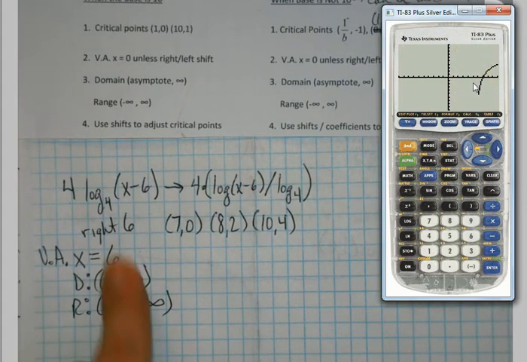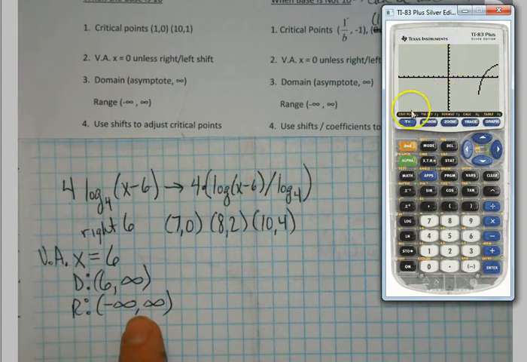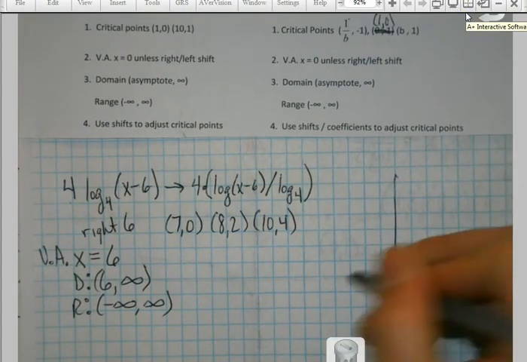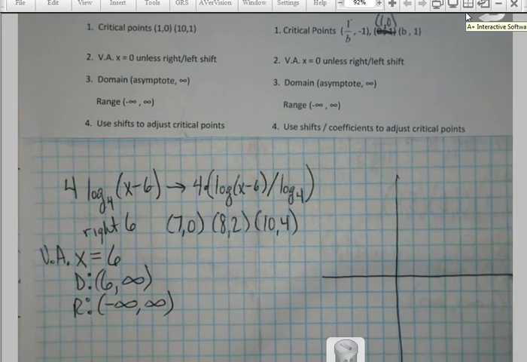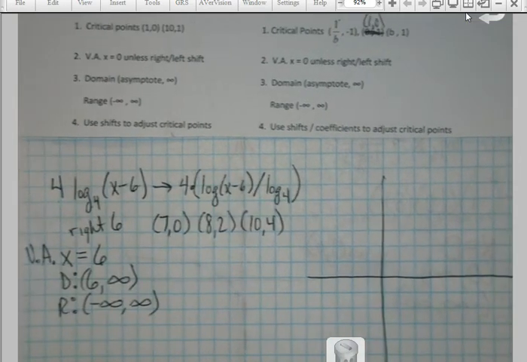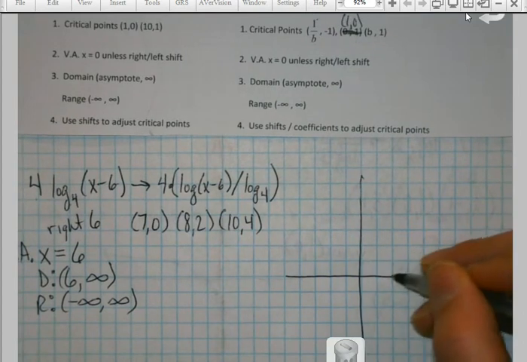So all of this information worked, and that's why I always like to do this before I even start dealing with the calculator. Because now, when I do go to sketch it, I can go ahead and plot the points, which I hopefully just gave myself enough room. 2, 3, 4.